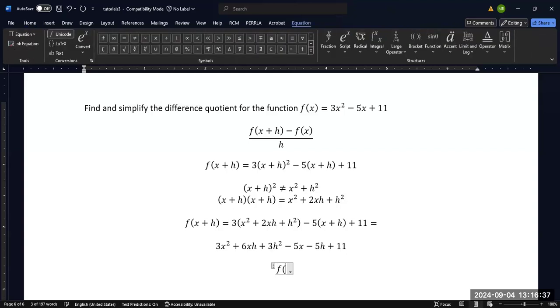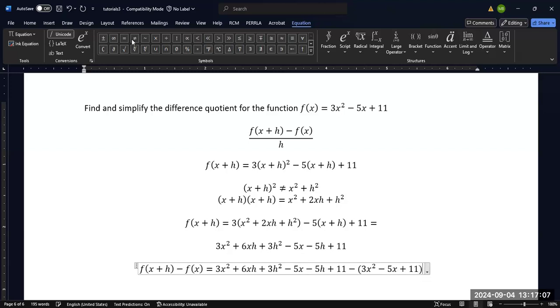So now what is our numerator? F of x plus h minus f of x. So that's just minus the original function. So that's our thing that we just found: 3x squared plus 6xh plus 3h squared minus 5x minus 5h plus 11 minus, and then in parentheses, 3x squared minus 5x plus 11, because you have to distribute that negative sign.